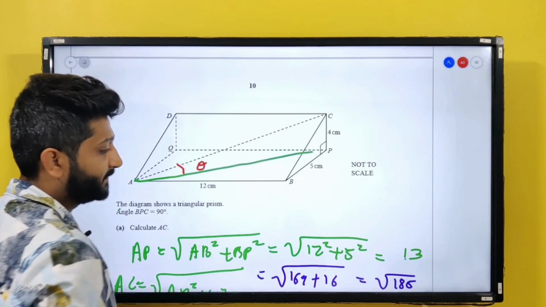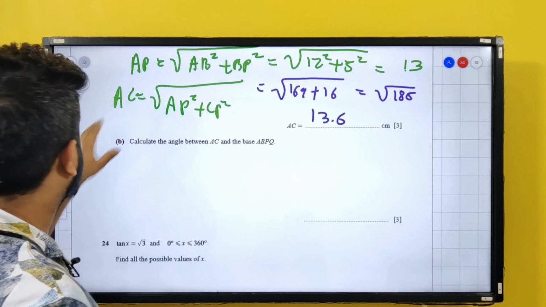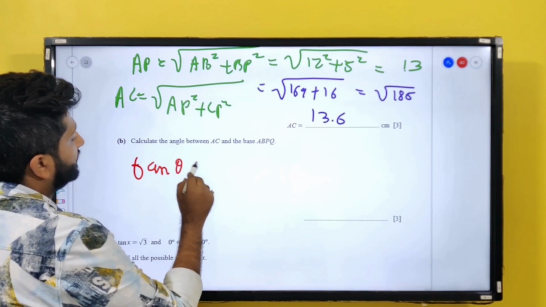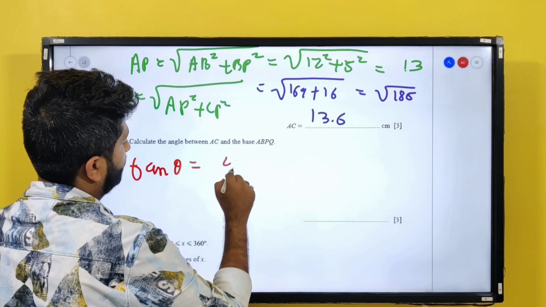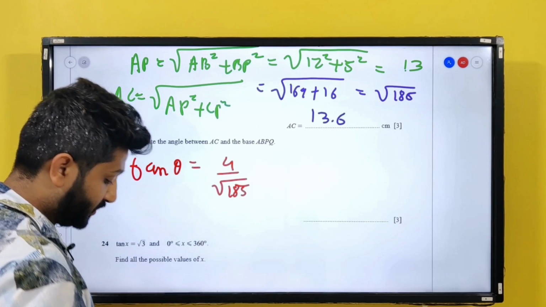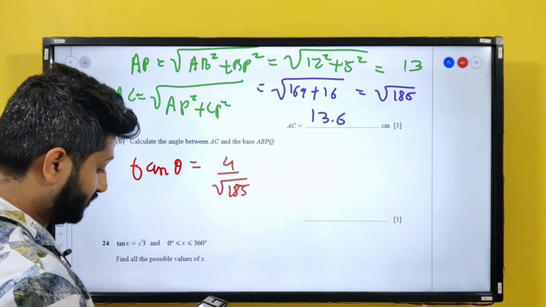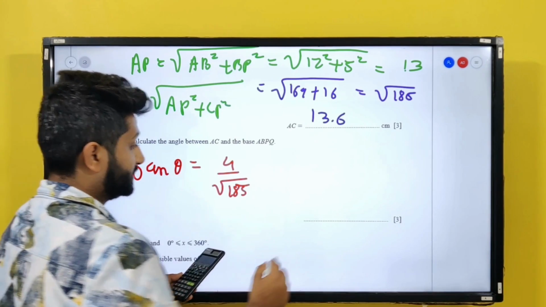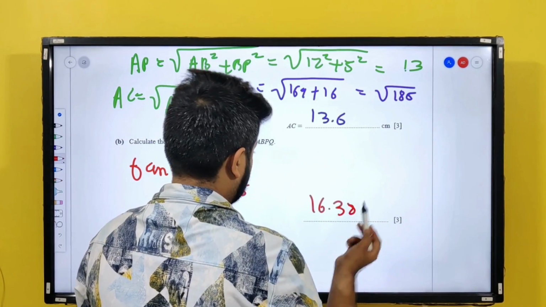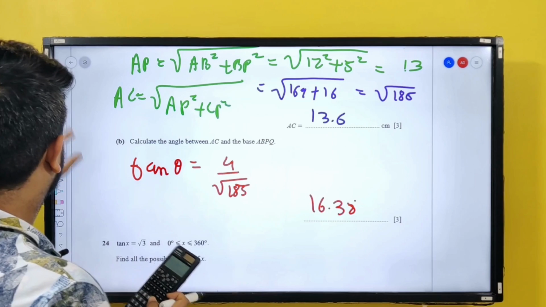I have this as 4 and this as root 185. So we will simply use tan theta. Tan theta equals 4 upon the square root of 185. So your theta is tan inverse 4 upon root 185, which is 16.38 degrees, or you can write 16.4 degrees.